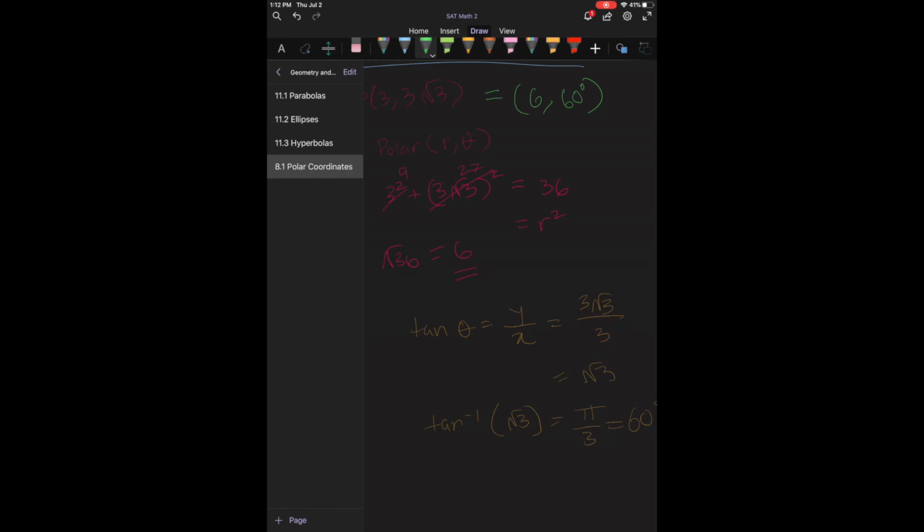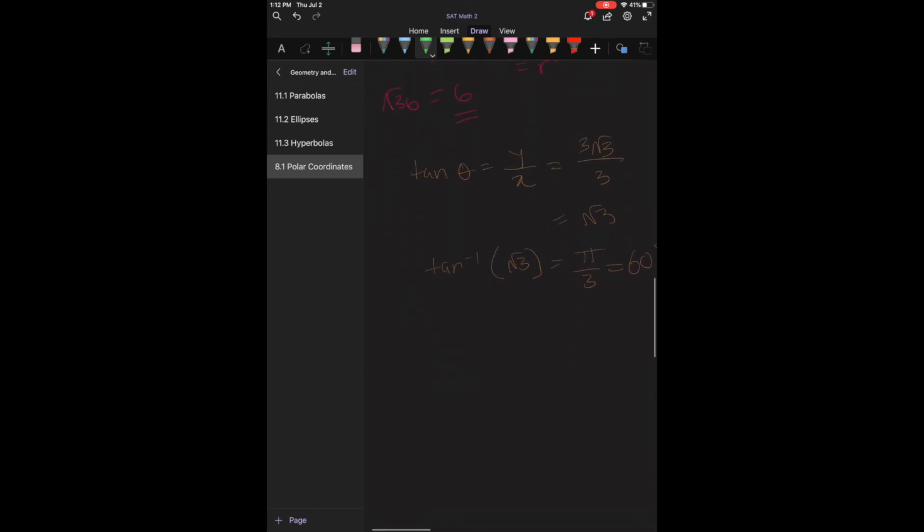Why don't we do another example here. So here we converted rectangular to polar. Why don't we convert polar to rectangular now?